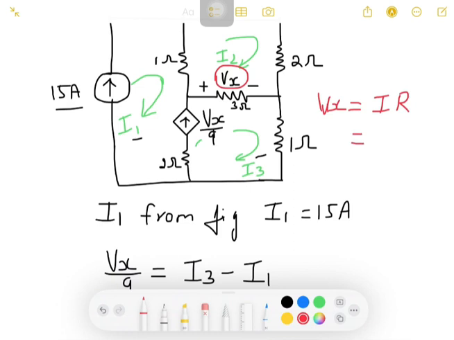There is a current I3 and there is a current I2. Current I3 is coming to the positive and current I2 is coming to the negative of the voltage drop. So hence I will consider positive the current which is entering there, that will be I3, minus the current coming to the negative, which is I2. I3 minus I2. And what is the R value? R value is given as 3. So this is my Vx from the figure. I will erase this part.